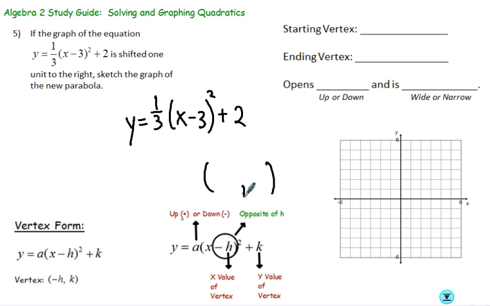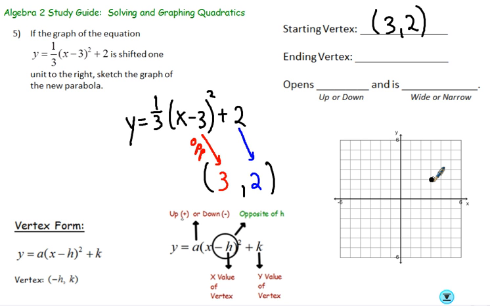So let's figure out at least where it would start off. Again, the -3, we've got to take the opposite, so that would become a +3. The y value stays the same, so that +2 would stay a +2. So we have a vertex at 3, 2. That's going to be our starting vertex. So 1, 2, 3, and then up 2.